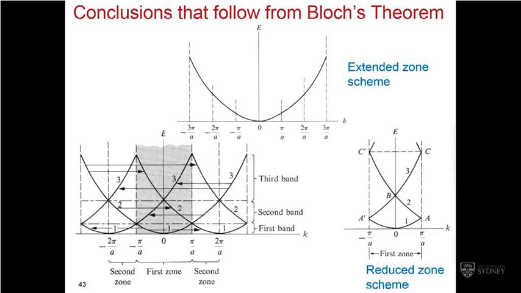Here, this is just the free electron-like curve going up. This distance, minus pi on a to pi on a, is a reciprocal lattice vector. Everything is a little bit confusing here, but if you keep your eye on this original dispersion curve, the energy versus k curve, the energy is h bar squared k squared on 2m in this case, and it looks like this.